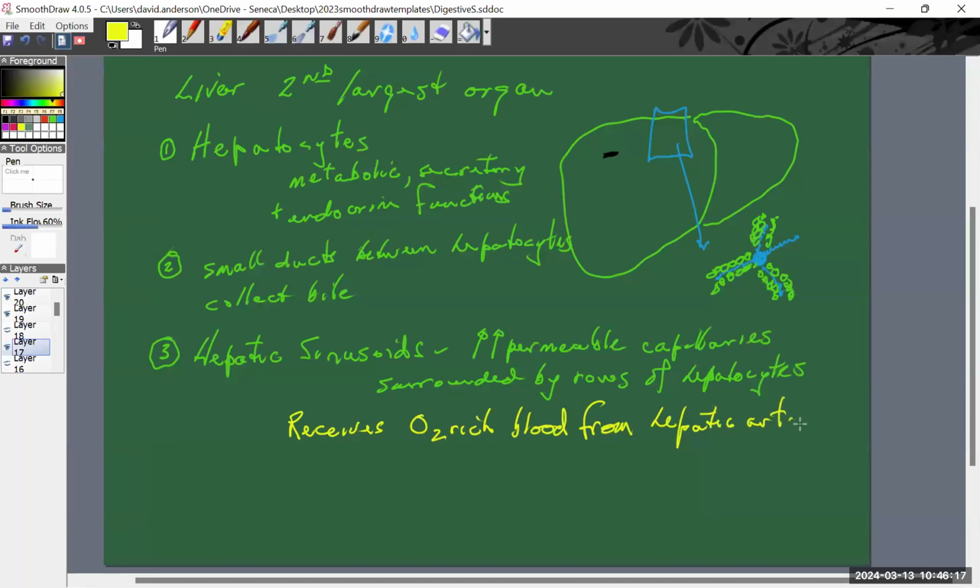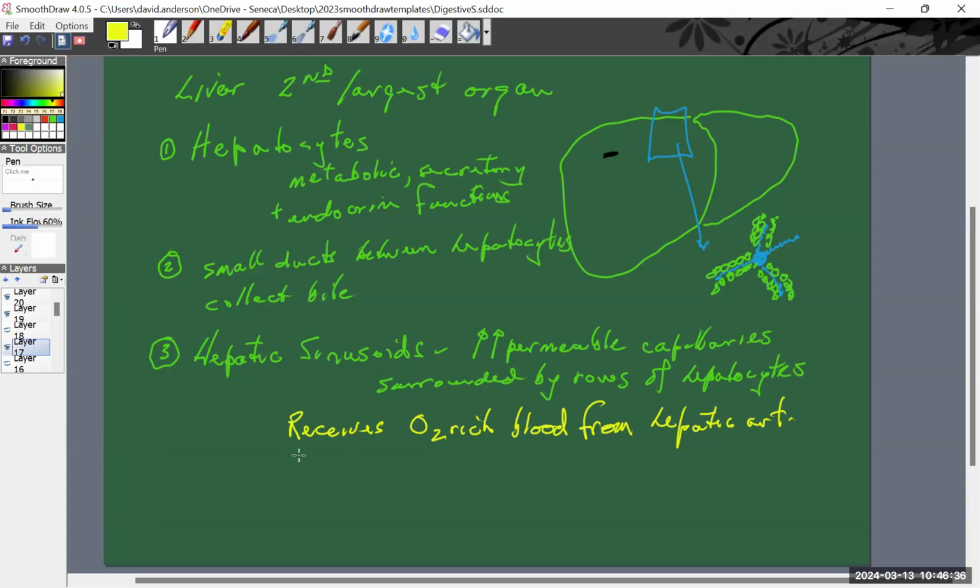So that shouldn't be a big stretch for anybody. If we've got the word hepatic in there and artery, that's going to be part of the systemic circulation. The hepatic arteries are going to deliver oxygen to the hepatocytes so that they get their oxygen in order to be able to make ATP. And they'll get some glucose in order to make ATP and so on.